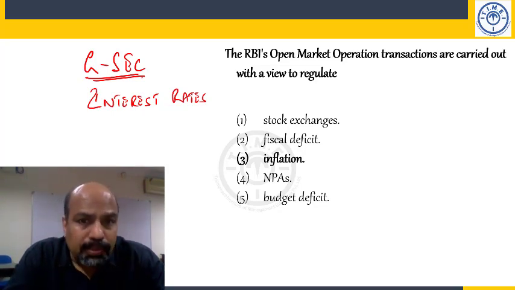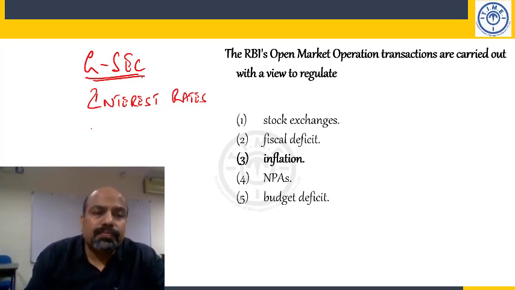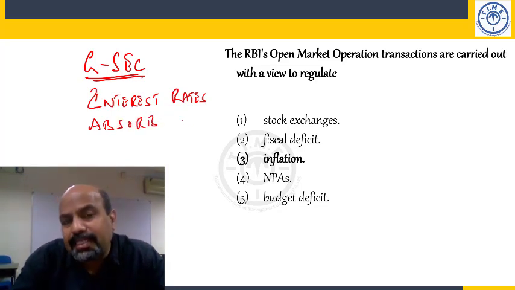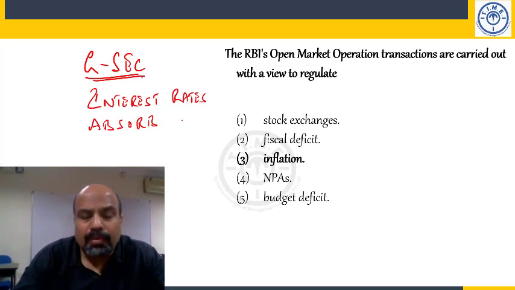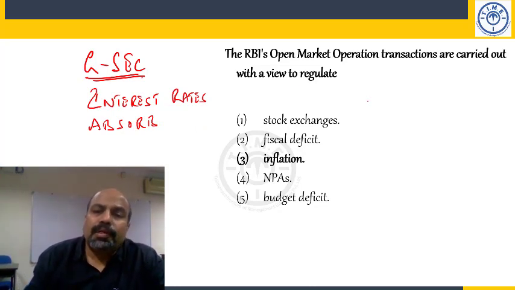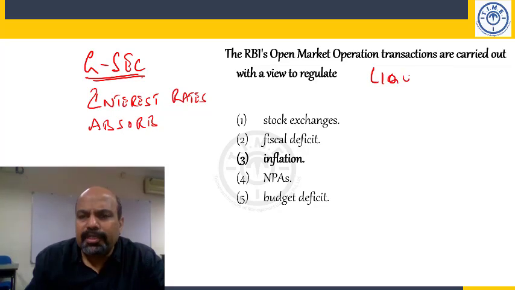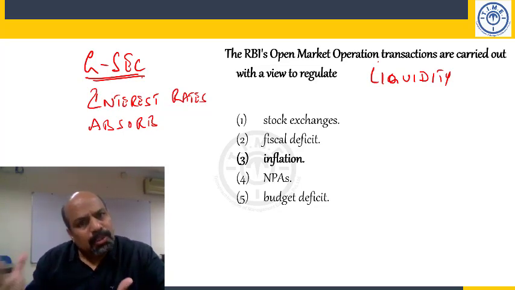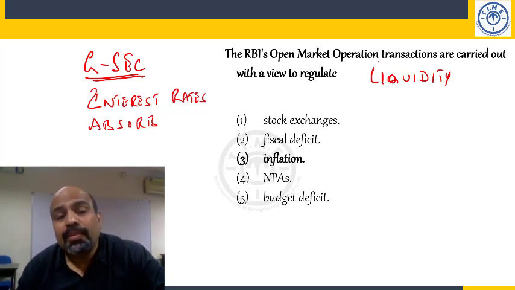To absorb excess money supply, in brackets liquidity. This is the term that economists often use to refer to money supply, especially excess one.